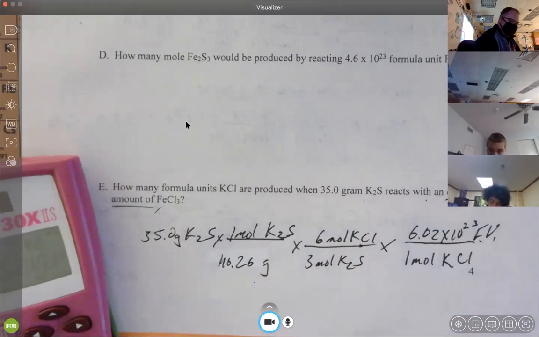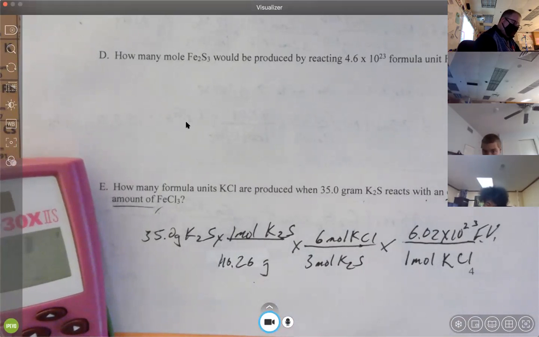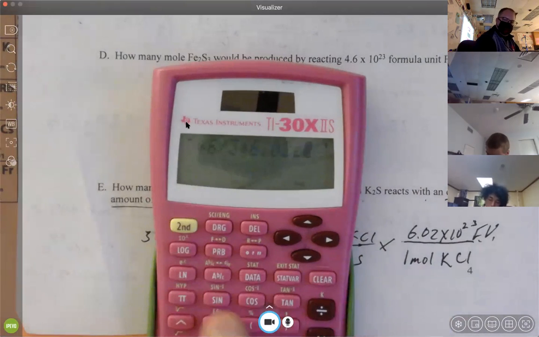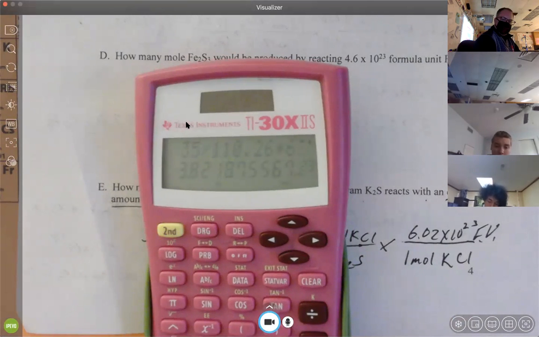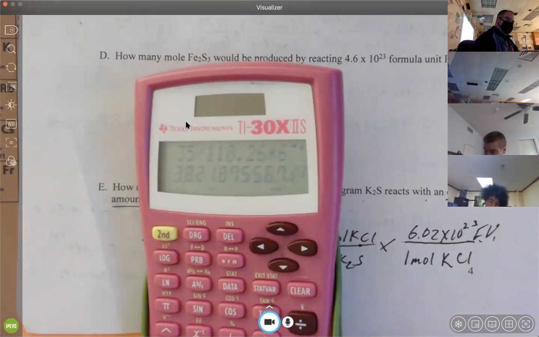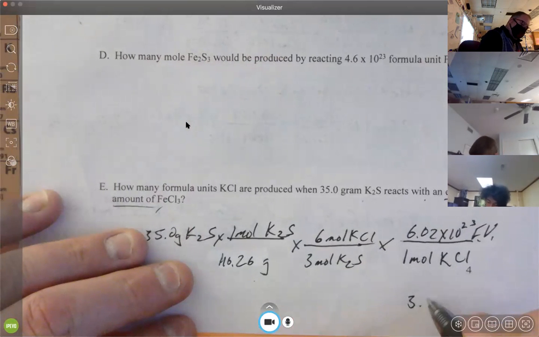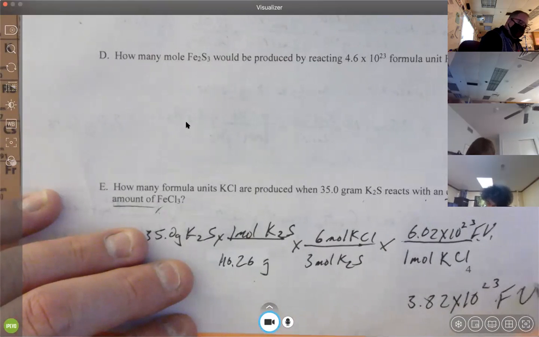Then we put that into the calculator: 35 divided by 110.26 times 6 divided by 3 times 6.02 times 10 to the 23rd, that E23 thing. So we get 3.82 times 10 to the 23rd formula units.